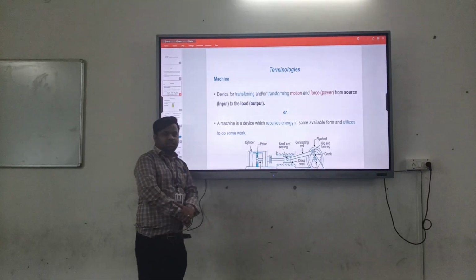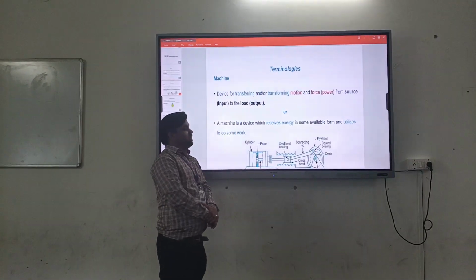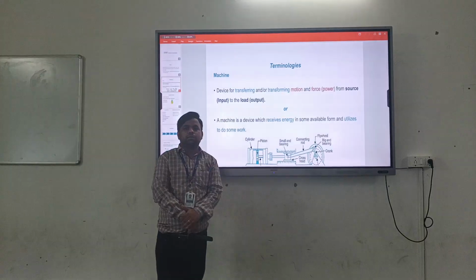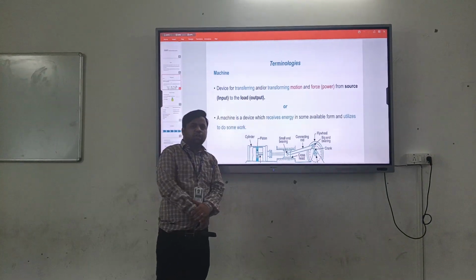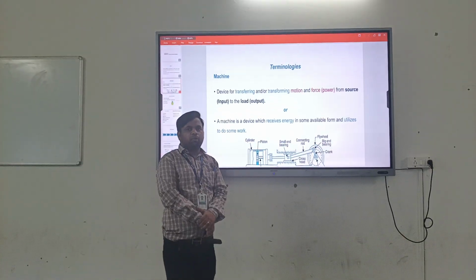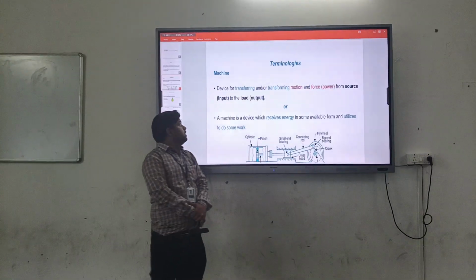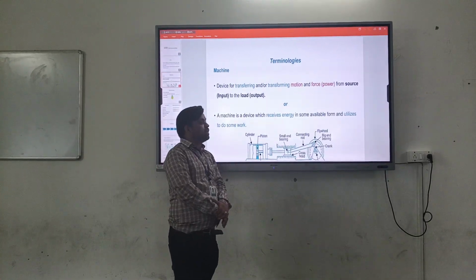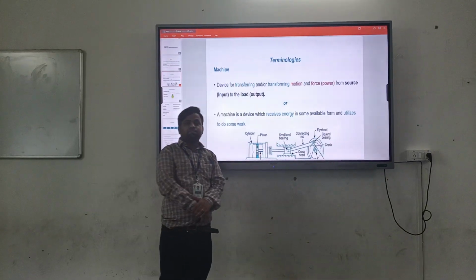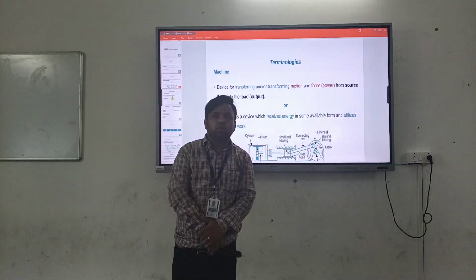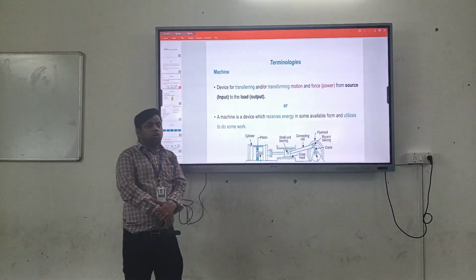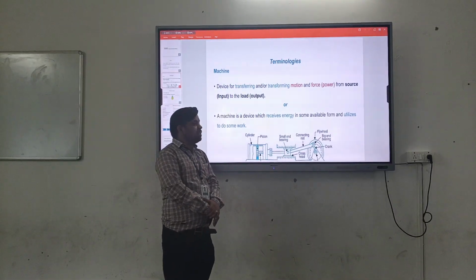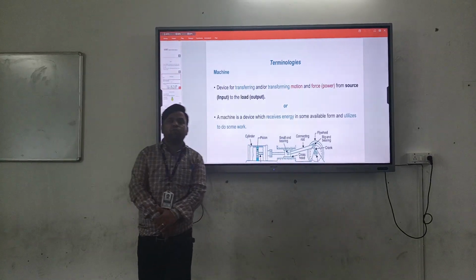Now we start with the basics, that is, terminologies of machine. By hearing the word machine, we realize that in our day-to-day life we go through machine processes. A machine is basically a device that transfers motion and force, that is power, from the input to the load, that is the output, transforming energy of one form into useful work.